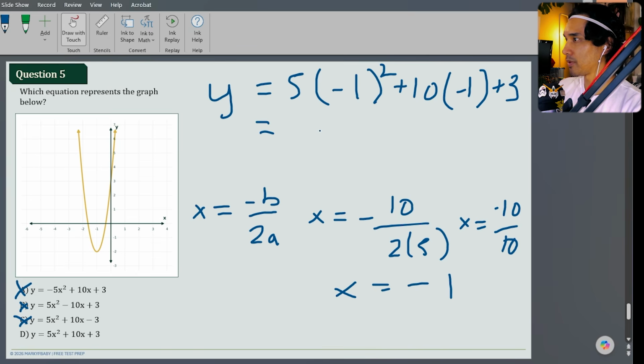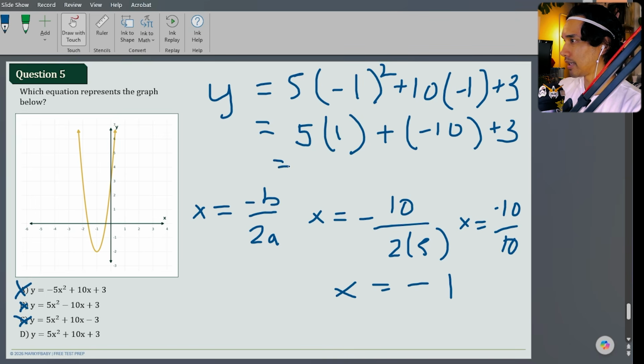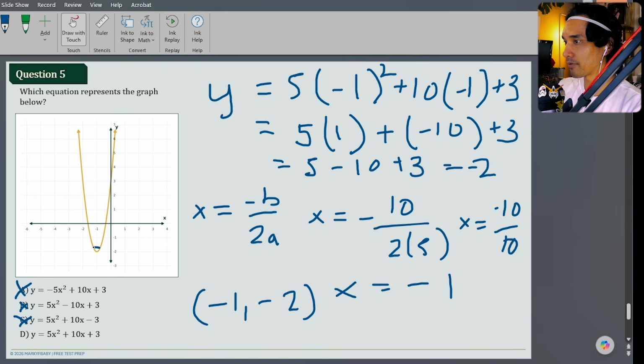I get y equals 5 times 1 plus negative 10 plus 3, equaling 5 minus 10 plus 3. 5 minus 10 is negative 5. Negative 5 plus 3 equals negative 2, giving us the ordered pair (-1, -2), further confirming, right?